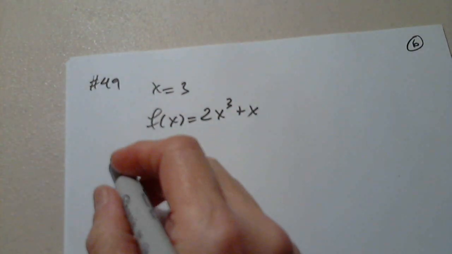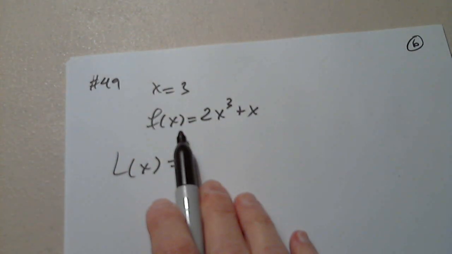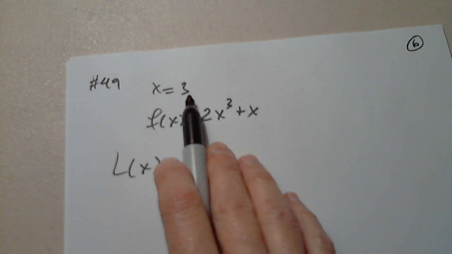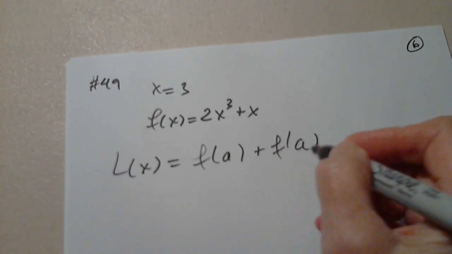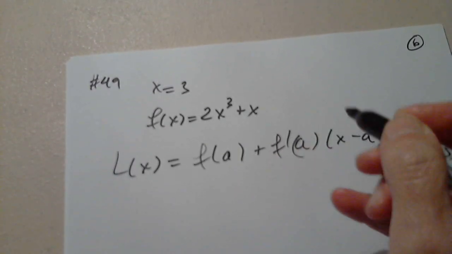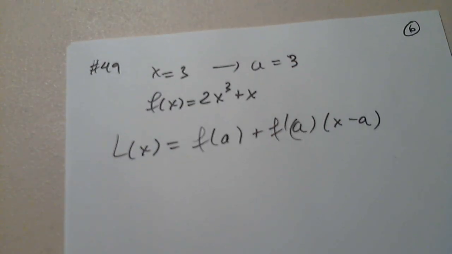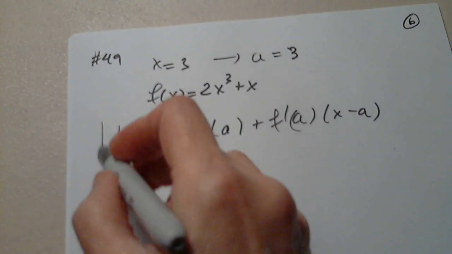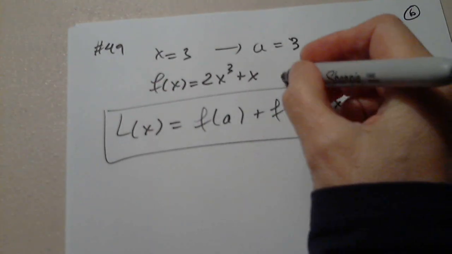So if you remember, the linearization is basically a linear function that approximates this function near 3. So this is f of a plus f prime of a times x minus a, where in this case a is 3. So that's the formula. Good, so let's find f prime.